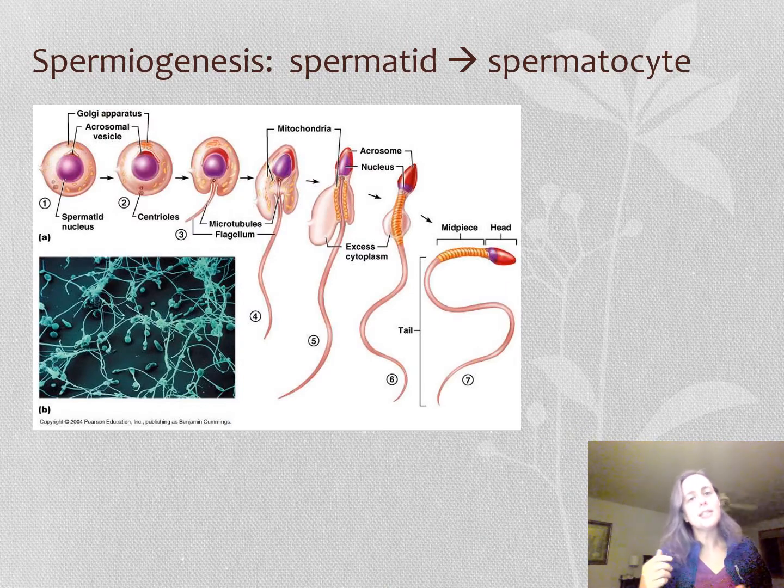So in order to slim down and become a sleek swimming machine, those spermatids have to undergo a process called spermiogenesis. How confusing is that, right? So spermatogenesis took us from spermatogonium to the spermatid, and now we do spermiogenesis to get to the full spermatocyte, right? The fully mature sperm.